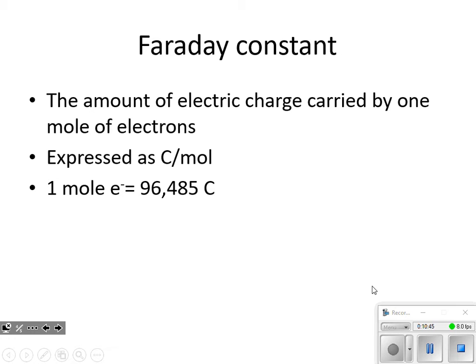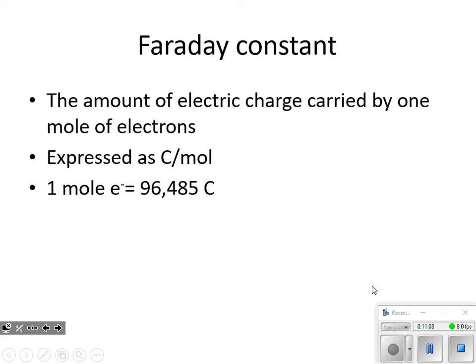That value is 96,485. That number is given to you on the equation sheet. Typically on the AP equation sheet, on the left-hand column are all the equations. On the right-hand column are constants, and they even give you what letters stand for which things.